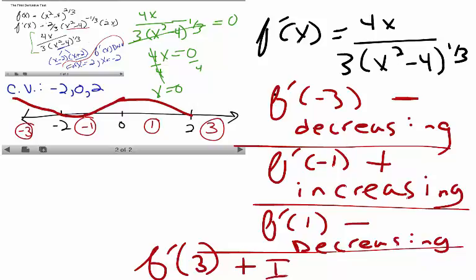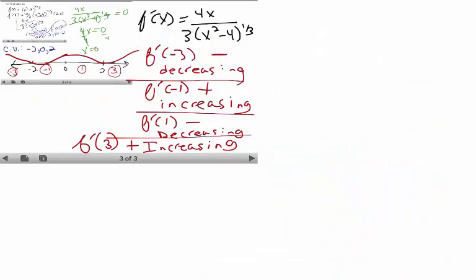So our graph would increase again. This means that the graph of f has a relative minimum at the point negative 2, 0.